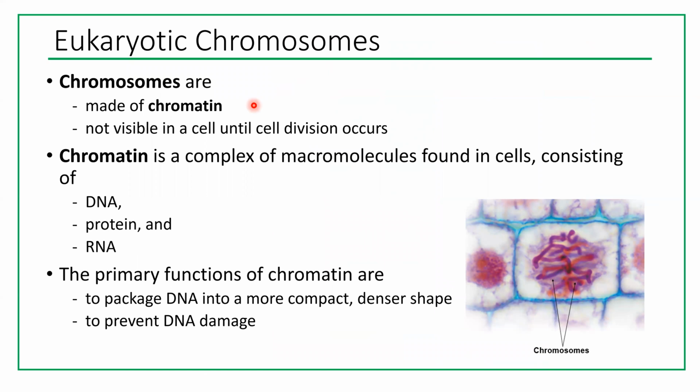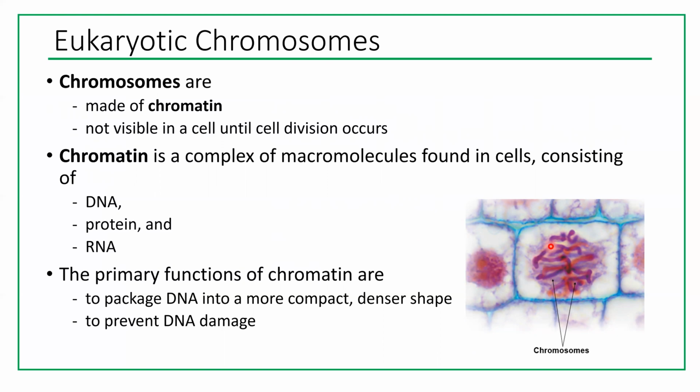Chromosomes are made of chromatin. Chromatin is not visible in a cell until cell division occurs. So if you look at the picture over here, that's one cell. Here's the second cell. Those are plant cells, but the same is true for animal cells. So if you look here inside this nucleus, you don't see chromosomes.